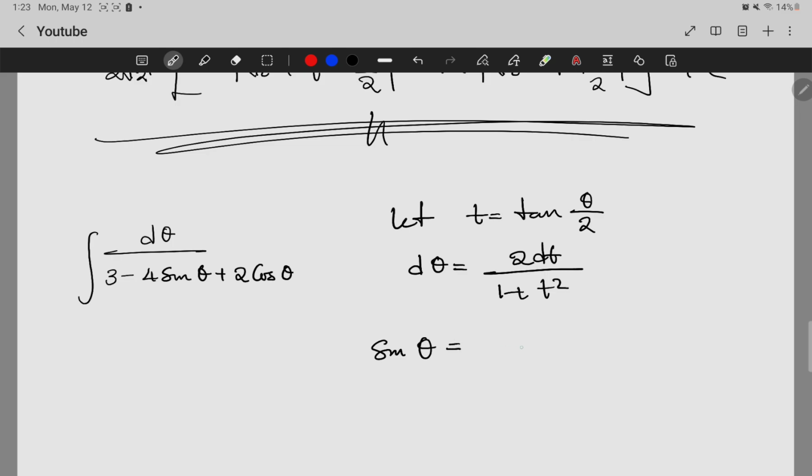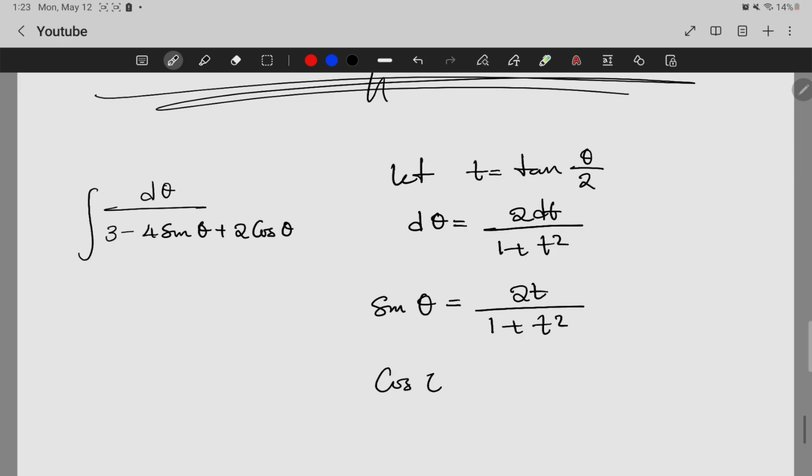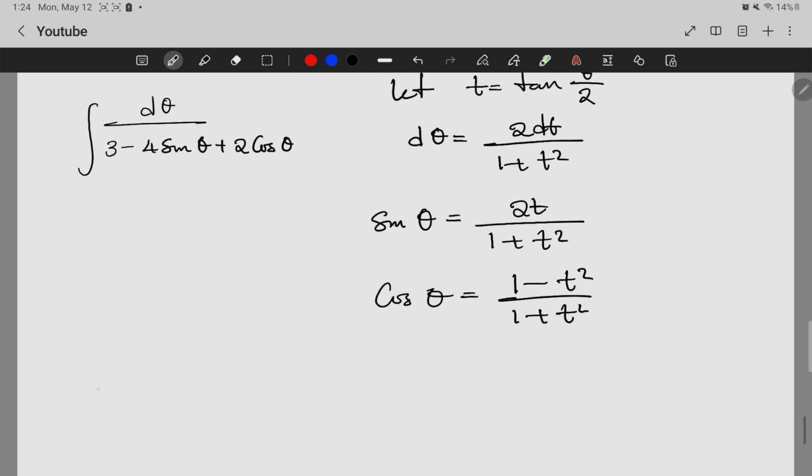So sine theta will be equal to 2t over 1 plus t squared. In the same way, cos theta will be equal to 1 minus t squared over 1 plus t squared. So now that we have everything we need, we can perform our substitution.